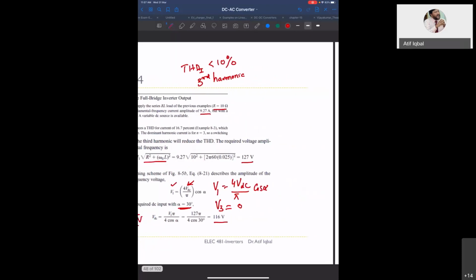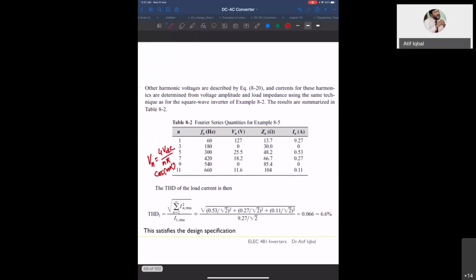Now with this, we will calculate the RMS currents so that we can calculate the total harmonic distortion. For the fundamental value, when n is equal to 1, the frequency given is 60 hertz.